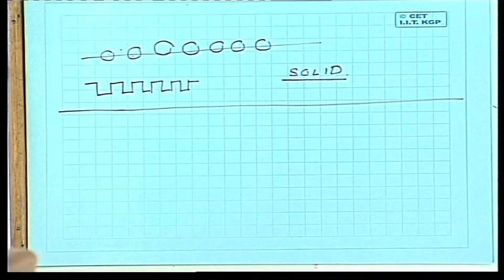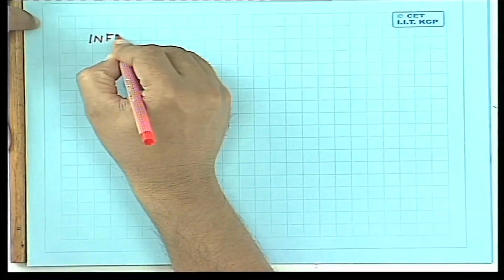With this motivation for the study of piecewise constant potentials, let us now go on to a few examples. The simplest situation is what is known as an infinite potential well.